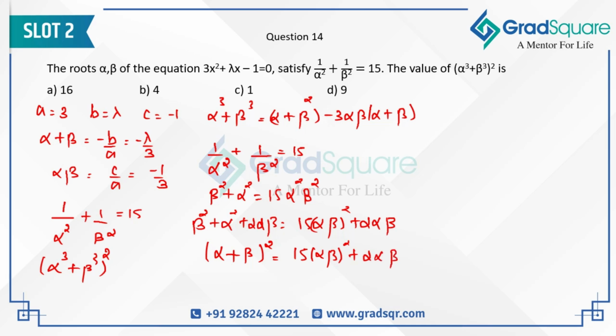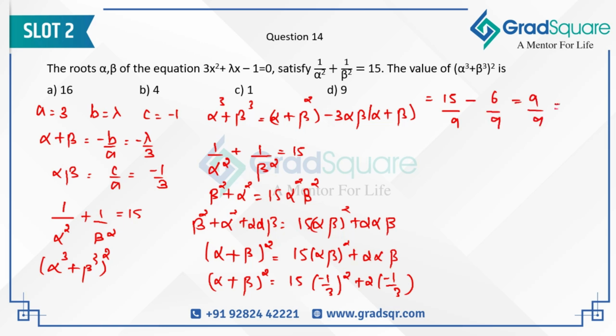Alpha beta is minus 1 by 3. So alpha plus beta the whole square is equal to 15 into minus 1 by 3 the whole square plus 2 into minus 1 by 3. That is going to give me 15 by 9 minus 6 by 9, which is going to be 9 by 9 equal to 1. That means alpha plus beta the whole square is going to be 1.